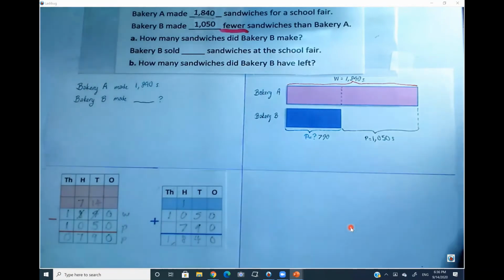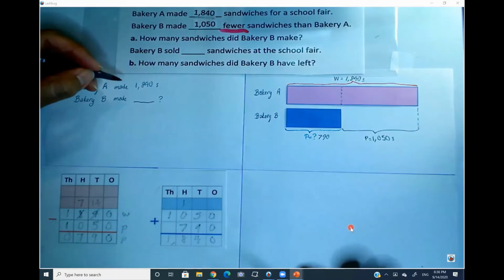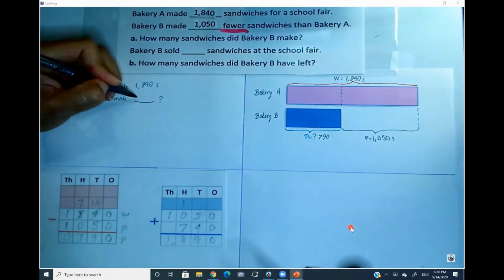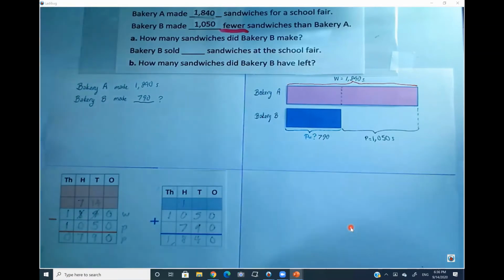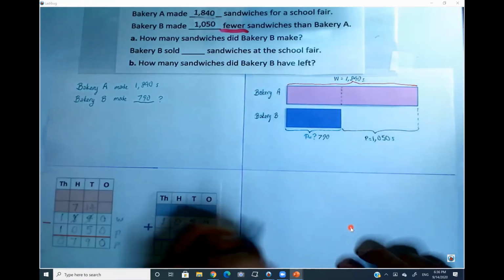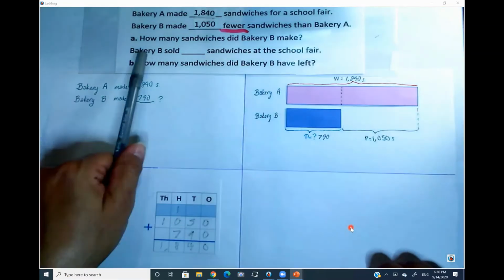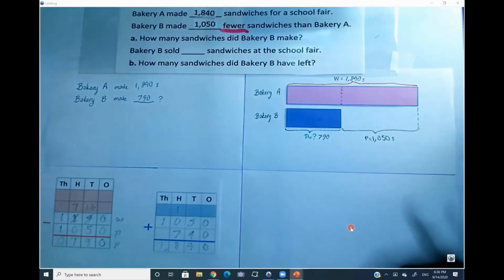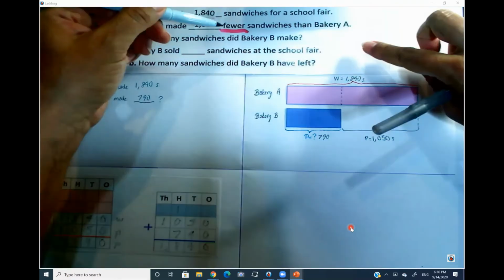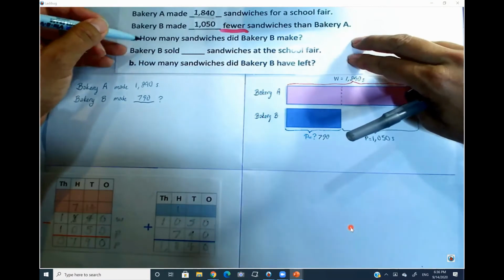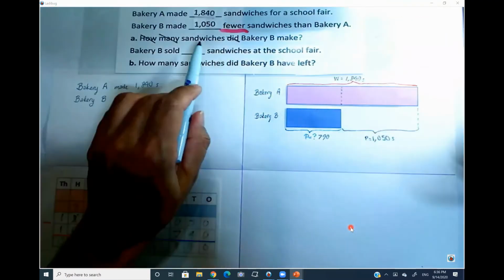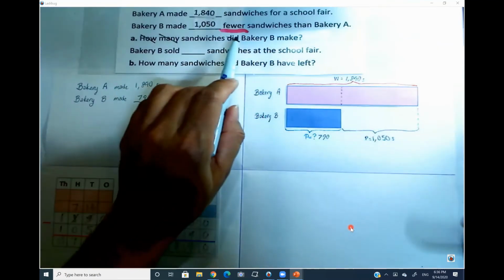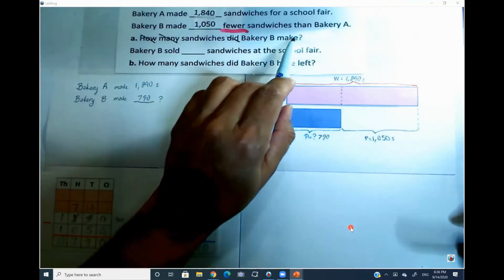So now at this moment, I can write that the answer for the first problem is 790. And then as you did yesterday, we just are going to write the answer in here. So if the question says, how many sandwiches did Bakery B make? So we can answer, I take away the how many and the did, and we have blank sandwiches, Bakery B made blank sandwiches.